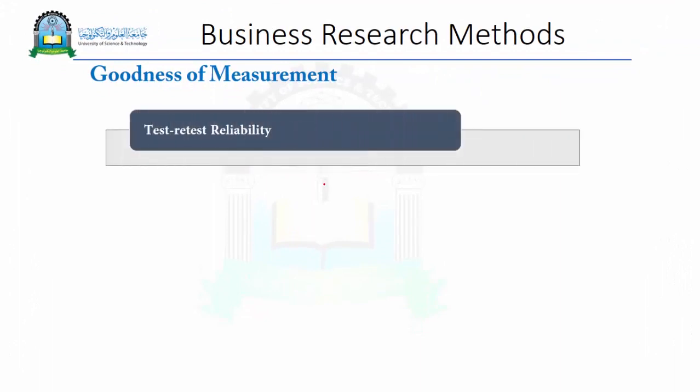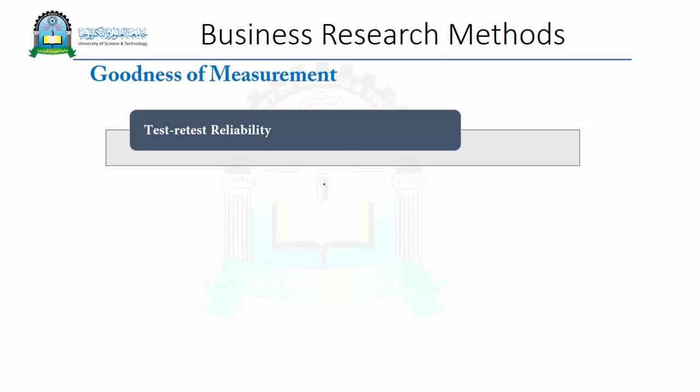We also have 4 types of reliability. The first, which is the old method of testing reliability, is test and retest. That means I distribute the questionnaire to a number of potential respondents the first time, collect data, and then distribute it again for the second time, the second day or after some time, changing the numbering of the items.